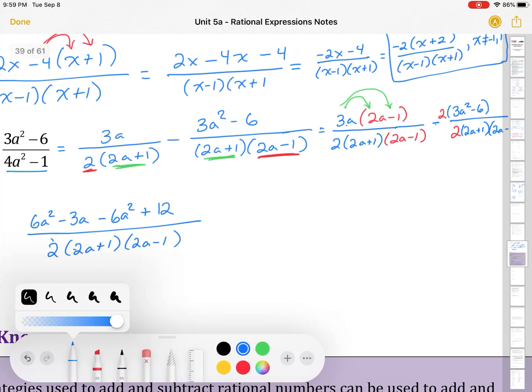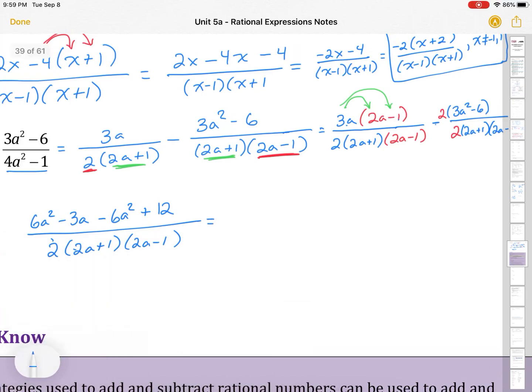Now let's do some simplifying. We can do that easily enough. We keep our beautiful denominator, 2 times 2a plus 1 times 2a minus 1, and you can see this is the last question before the do you know, so it should feel like the hardest one. There's a lot more to do in this one. Now let's see what we have.